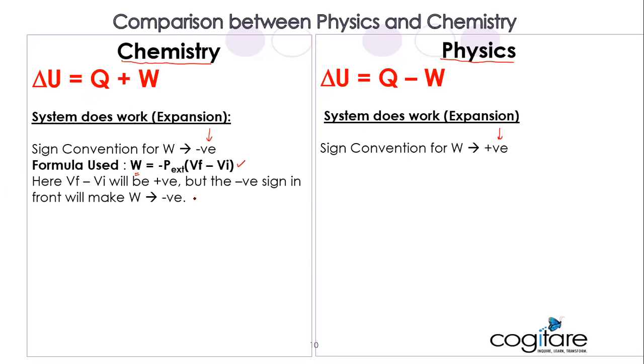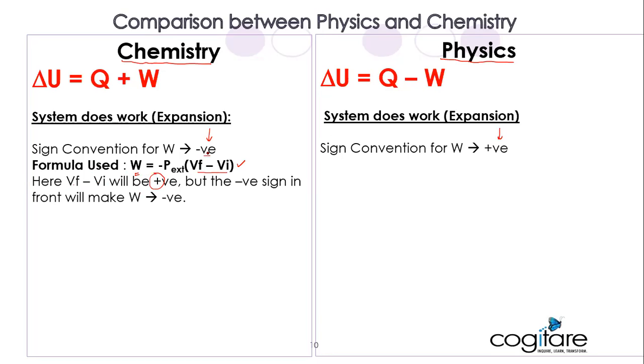Yes, sir. Okay, therefore, if you look at Vf minus Vi, you are expanding, so will Vf minus Vi be positive or negative? It will be positive. Vf minus Vi, when you are expanding, initially your volume is less, you are expanding, final volume is more, so final volume minus initial volume will always be positive.